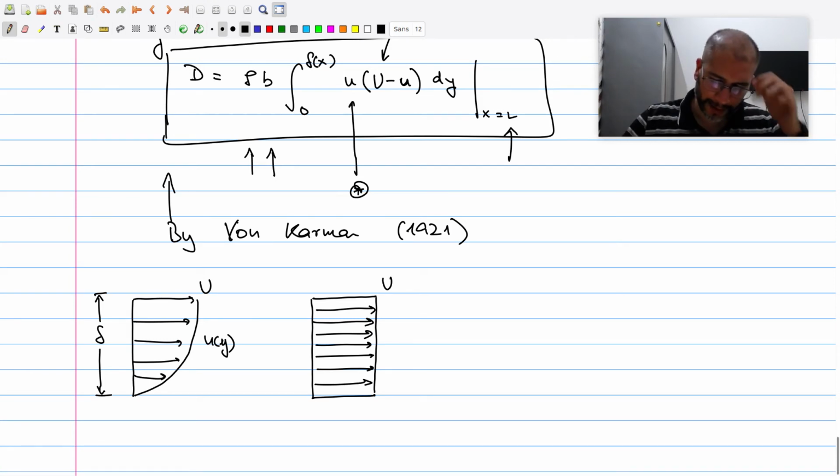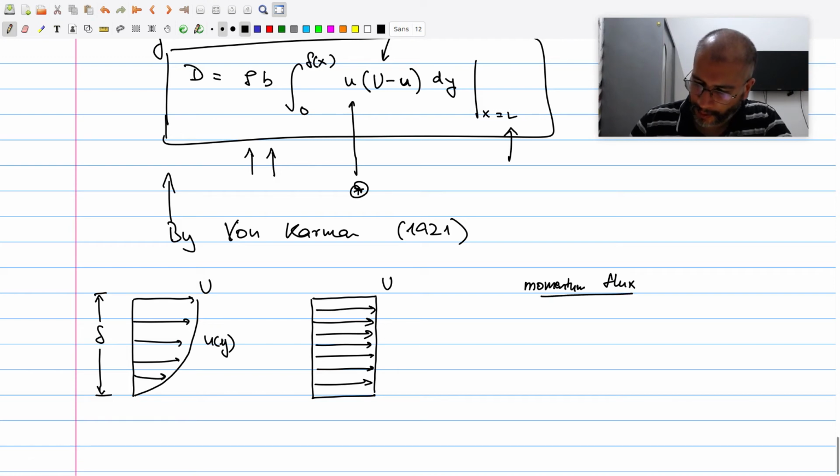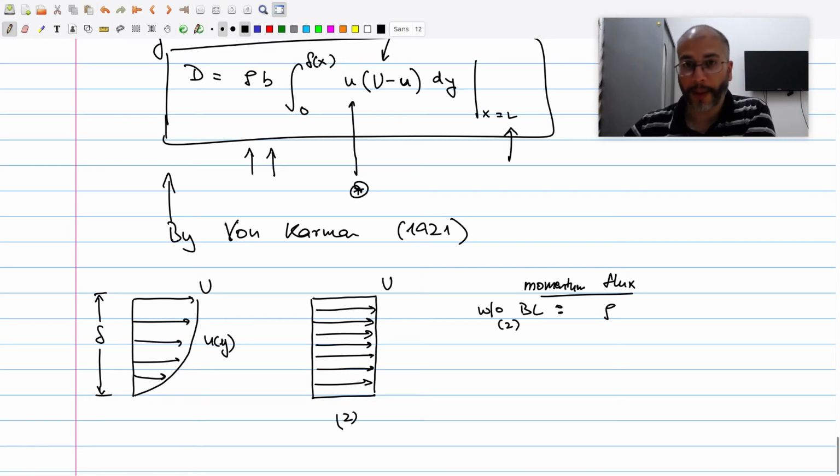Now if I try to find out the momentum flux, okay, so if there was no boundary layer, then the flux would have been, that is this case number 2, the momentum flux would be rho times u times the area, which is delta times the plate width b.